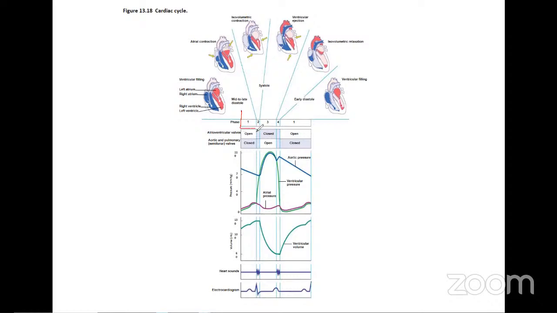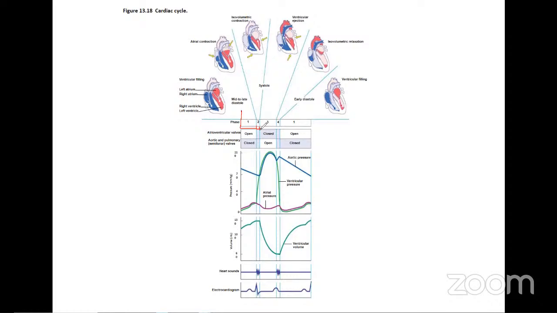Okay. We then see the ventricles contract. So atria contract first, then ventricles contract second. For a period of time, the pressure in that ventricle is not great enough to overcome the existing pressure in the corresponding arteries. Okay, so we have isovolumetric contraction while we have a closed box with our AV valves closed so that we don't have backflow into the atria, but our semilunar valves also closed.